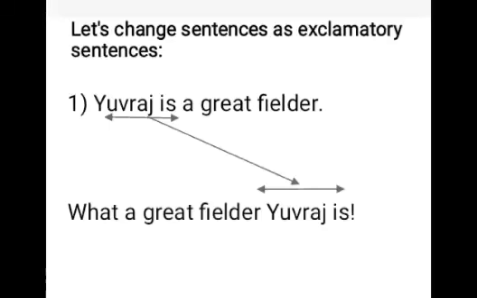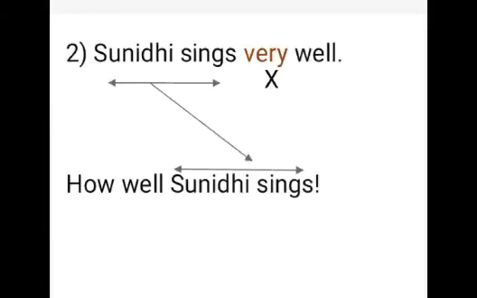An exclamation mark is written. Our answer is, what a great fielder Yuvraj is. See, in exclamatory sentence, subject is written before the verb, right? Yuvraj is.